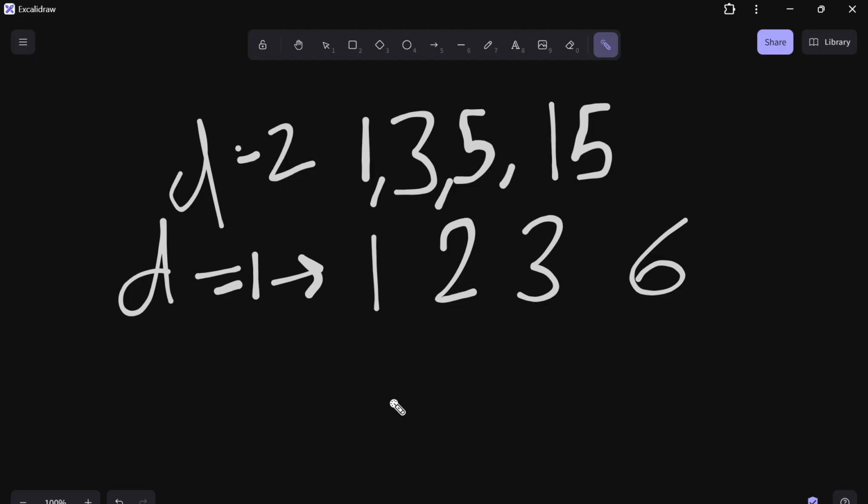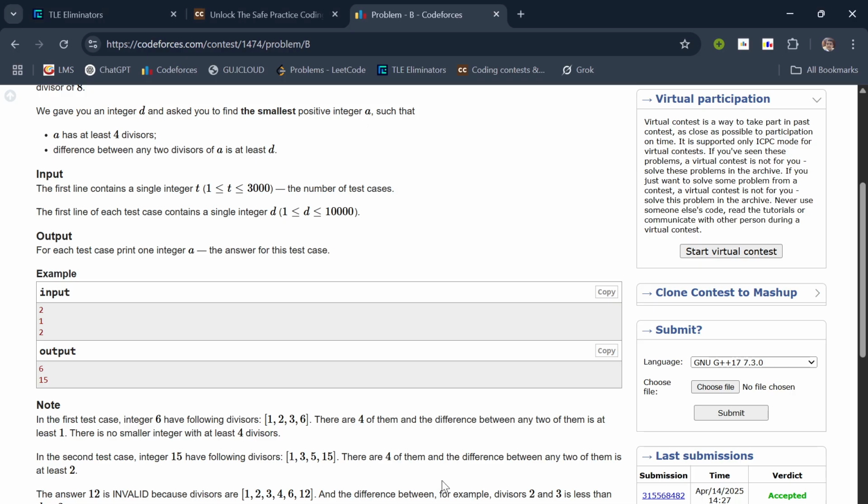D is the difference between them. So you can also think that here we add 2 to the 1, it becomes 3. Now add 2 to the 3, it becomes 5. Now we multiply those numbers, so it becomes 15. So the answer for d equal to 2 is 15.